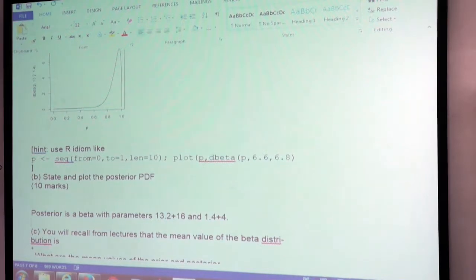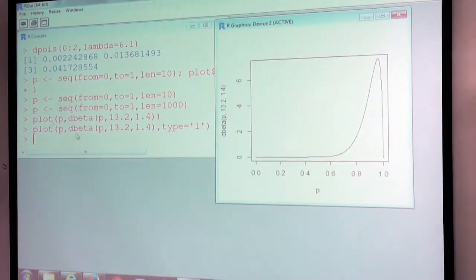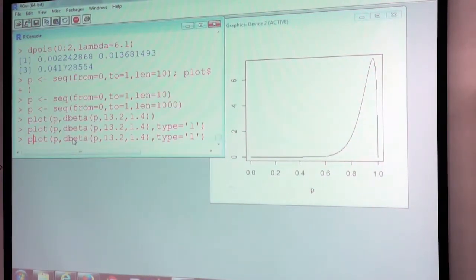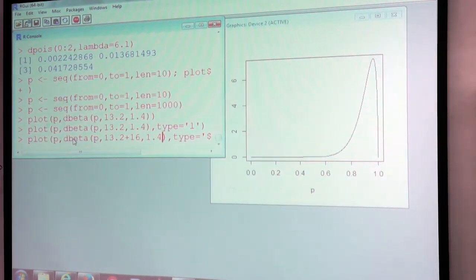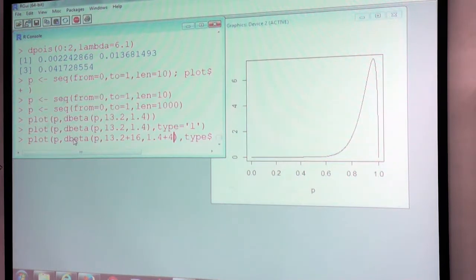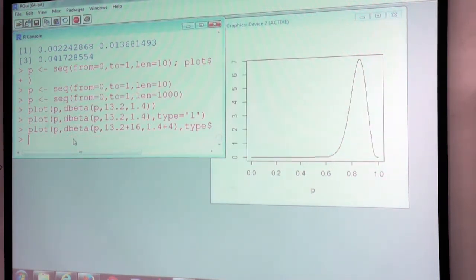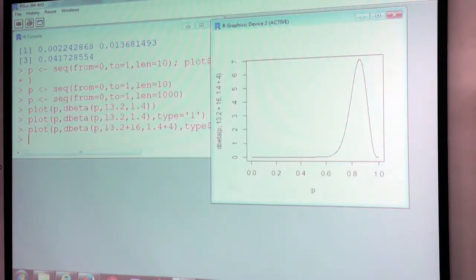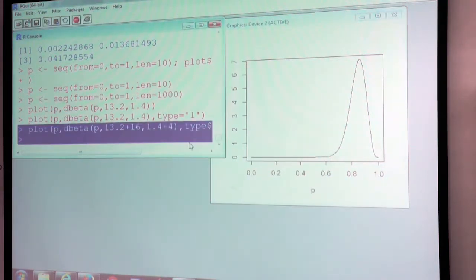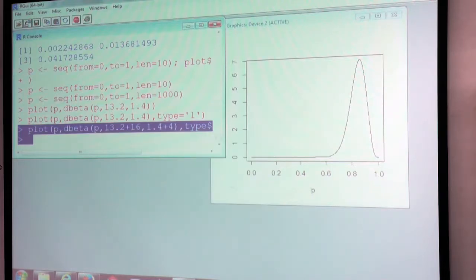So we better plot that. Yeah, just add it. And what's it done? It's brought it back here. So we'll copy it again, copy as bitmap. Actually, I'll just grab that as well. Right click, copy.